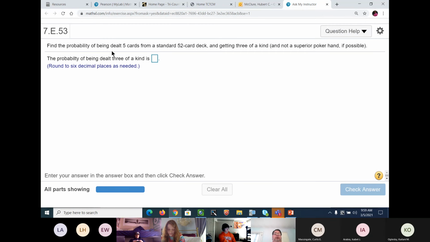Find the probability of being dealt 5 cards from a standard deck and getting 3 of a kind and not a superior poker hand. Whatever. Okay, 3 of a kind.